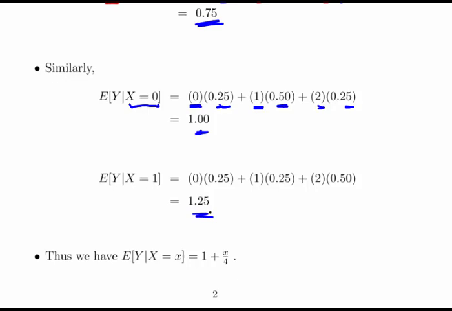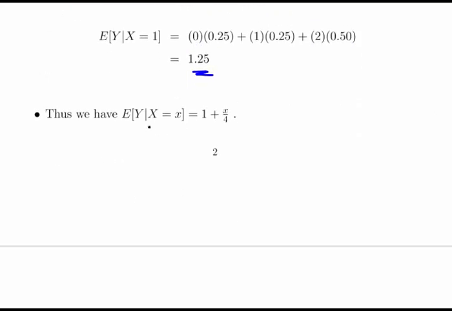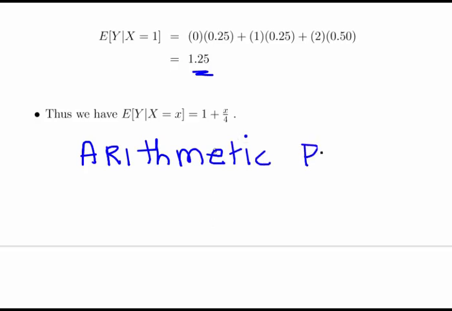Now we have to show that the expected value of y is a linear function of x. Essentially just stating it in terms of an arithmetic progression is sufficient here, or an arithmetic series, if you will. Yeah, progression.